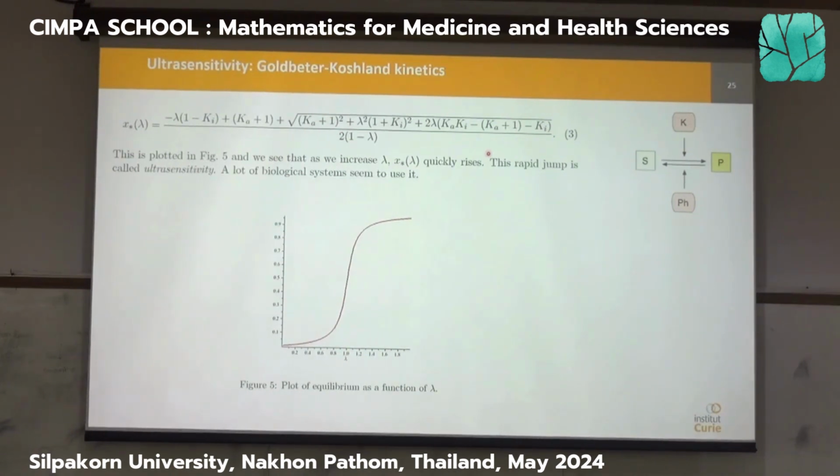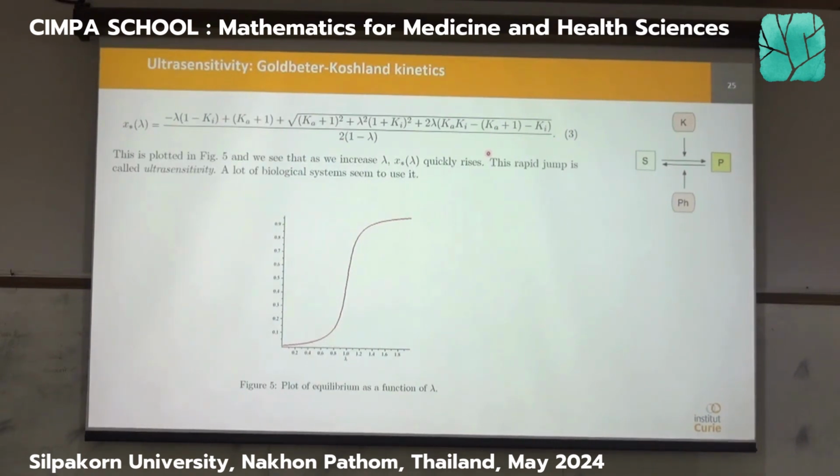For instance, for value lambda 1, your X star will be close to 0. And if you slightly change your lambda 1 into lambda 2 with a small perturbation epsilon, then your X star will be completely different, closer to the maximum.